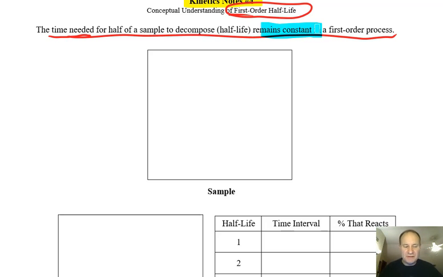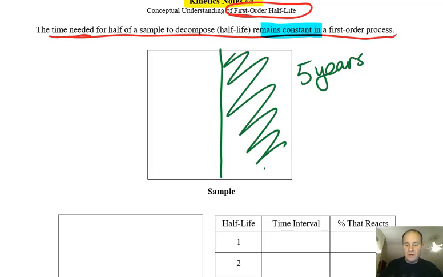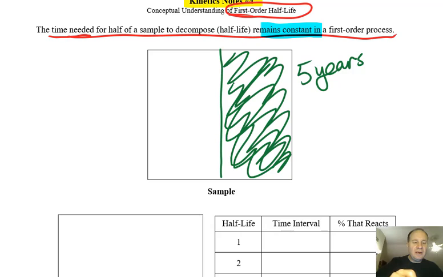I remember when I was first learning this, thinking, if it takes a certain amount of time for half of the sample to go away, say 5 years, then in another 5 years the other half will go away. Well, that's not the case.